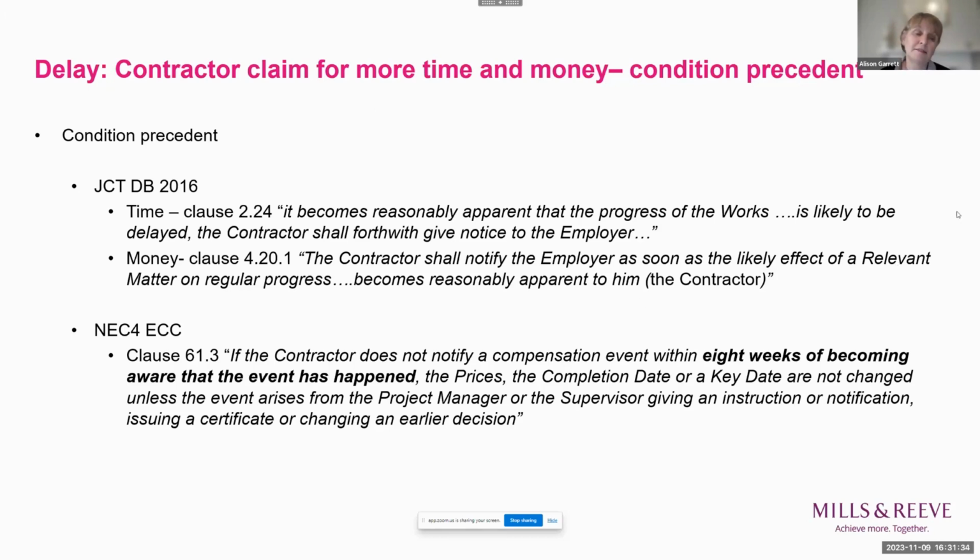So unless the carve out applies, this is a condition precedent. The contractor must notify a compensation event within 8 weeks of becoming aware of that event, whatever that may mean. And there may well be discussion about when the contractor became aware of something. But in principle, that is a condition precedent.